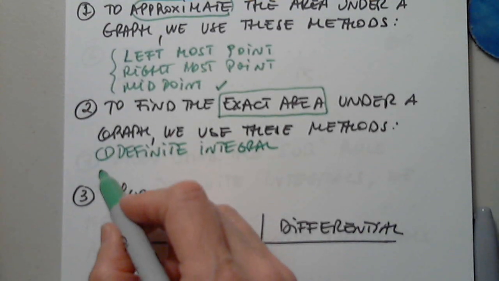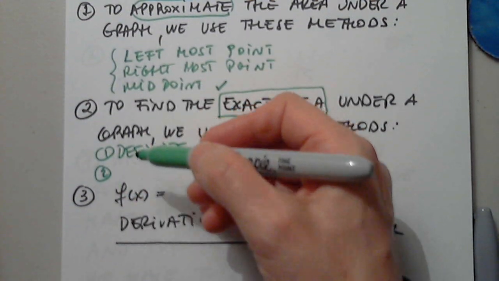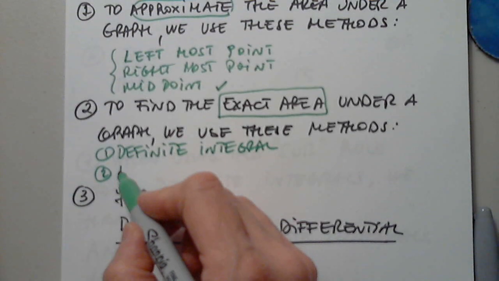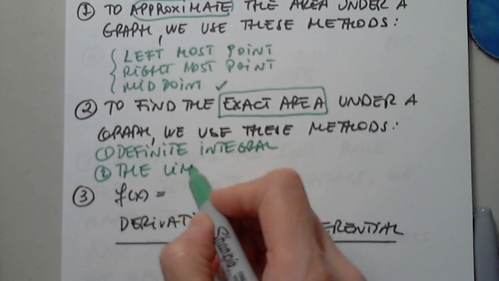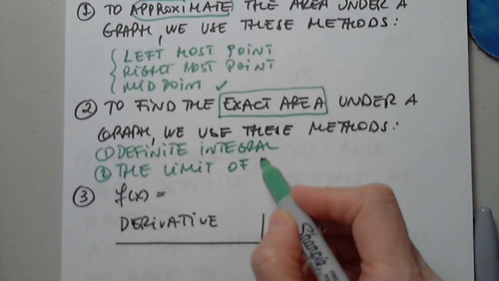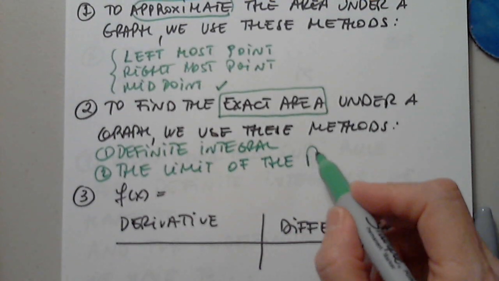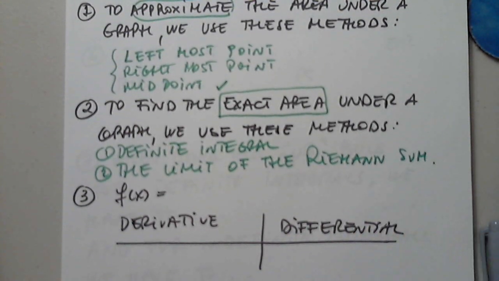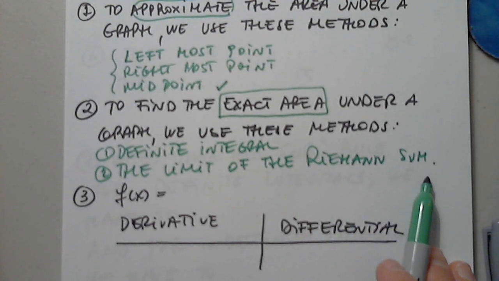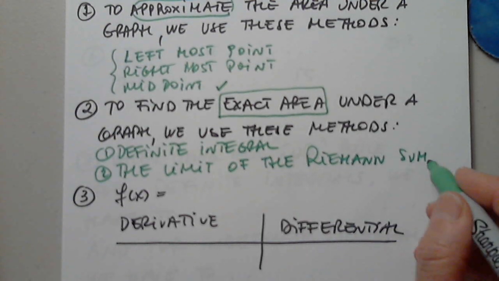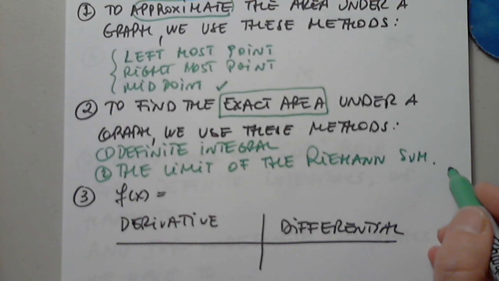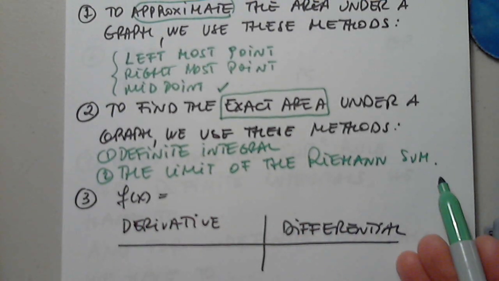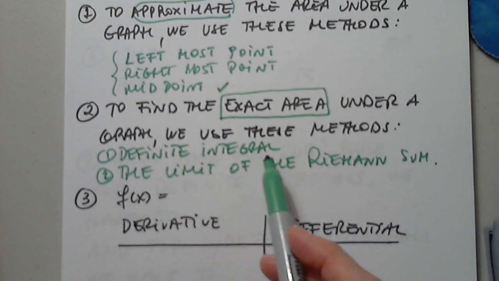The limit as n approaches infinity, the limit of the Riemann sum. We don't want this because we are restricted to linear, quadratic, and cubic functions. But it's possible. We prefer the definite integral.